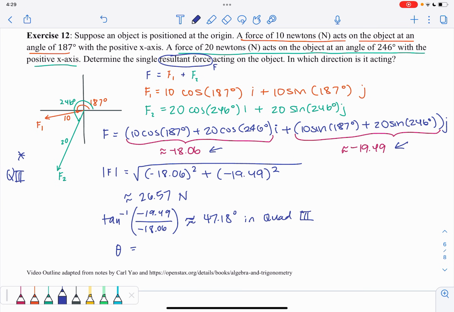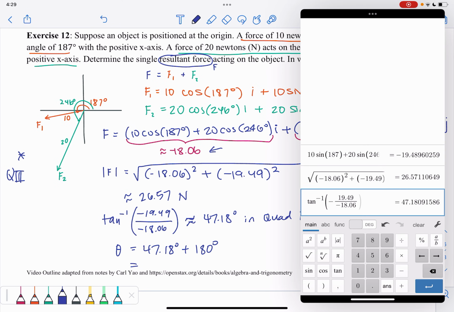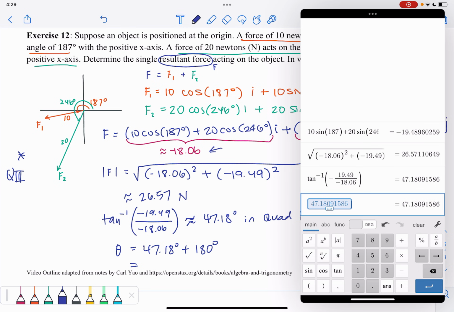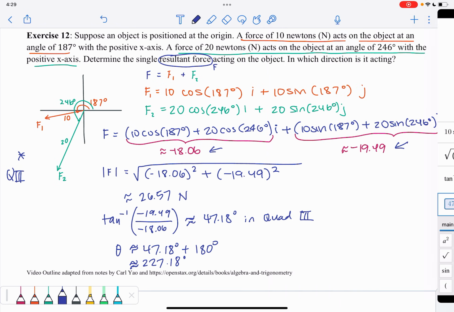So theta is going to be 47.18 degrees plus 180 degrees, which is, I can just do answer plus 180. I get about 227.18 degrees.